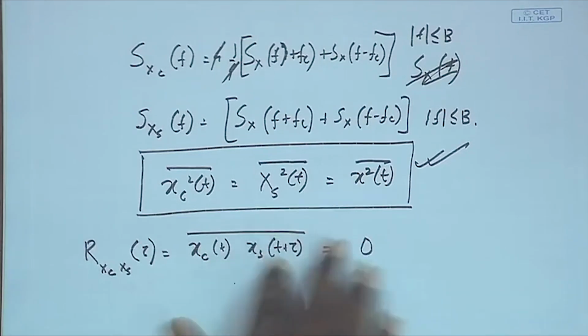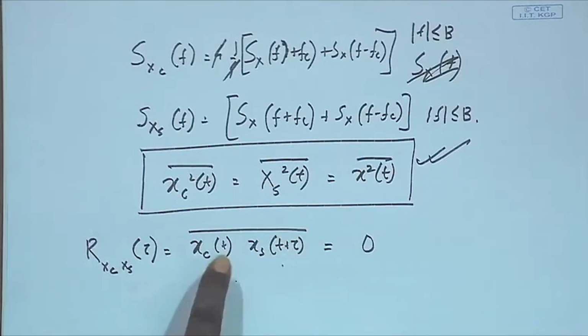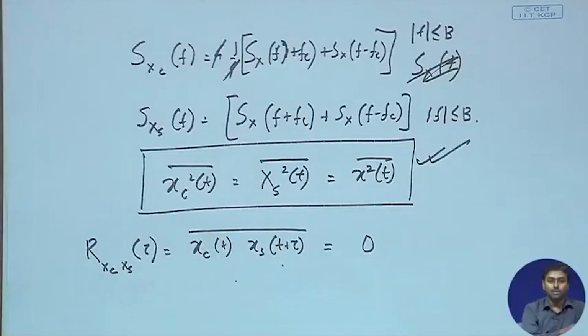For that you just have to take this relationship of XC and XS and follow through. You know already the autocorrelation function of Rx, just follow the steps, and you will be able to prove that this is 0. So, basically this means they are uncorrelated, they are incoherent. This is something we will always be able to prove.